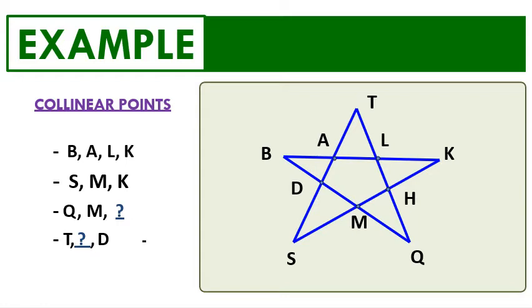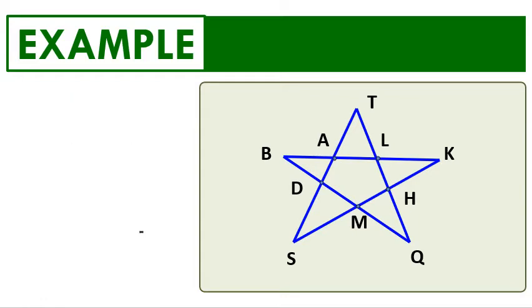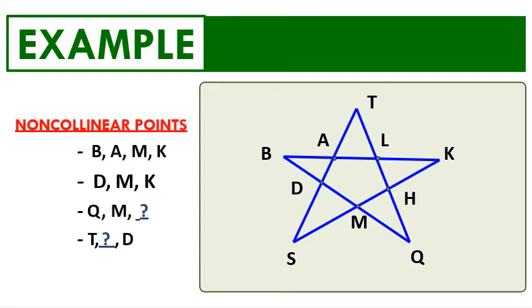Q, M. It is also possible that D or B is collinear with Q and M. What is collinear with D is point A or point S. So they are collinear. How about non-collinear points? Points that do not lie on the same line are non-collinear points.